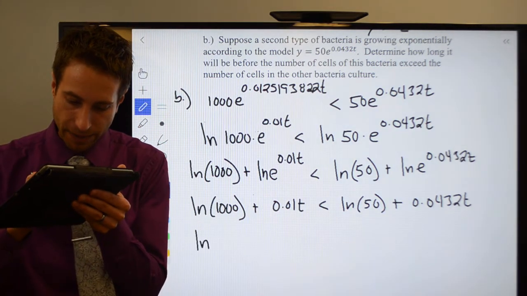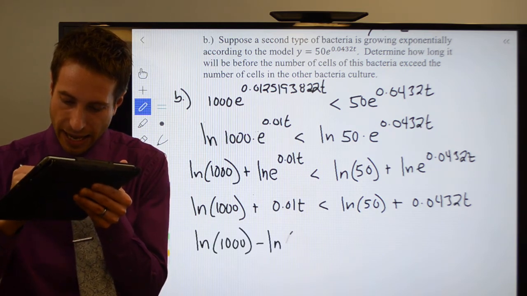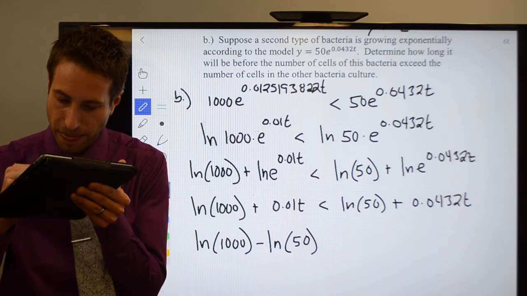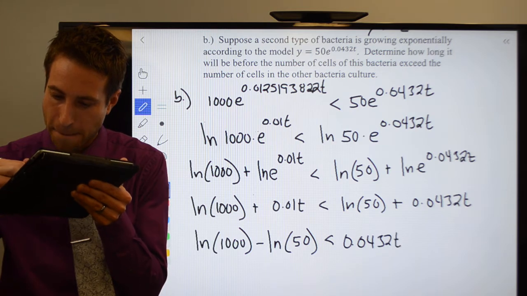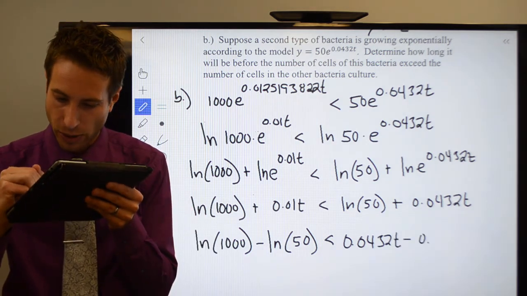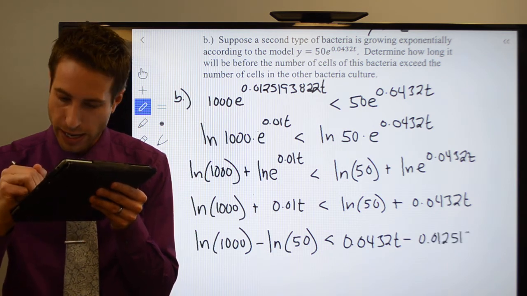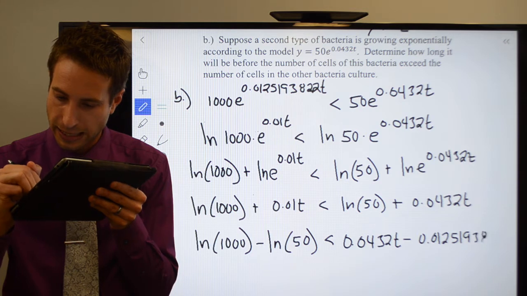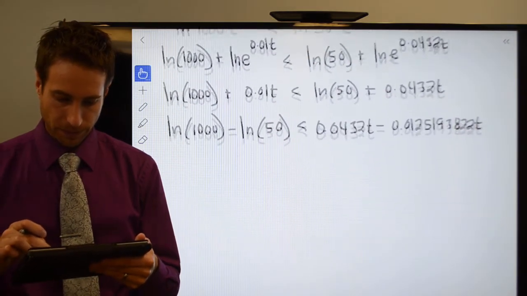I'll have the ln of 1,000 minus the ln of 50 is less than 0.0432t minus, let me go ahead and get my whole decimal back in there, 0.0125193822t. Whew. All right, here we go.